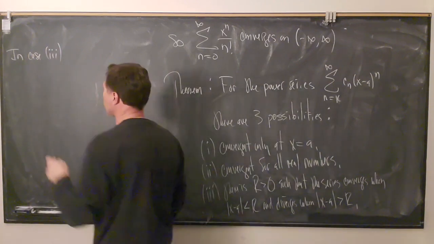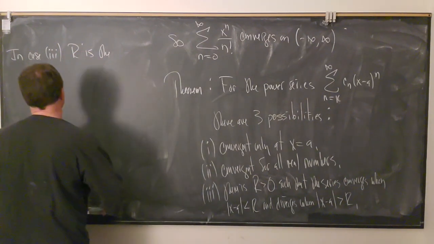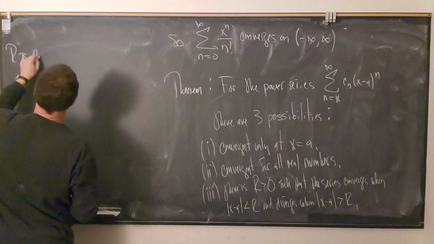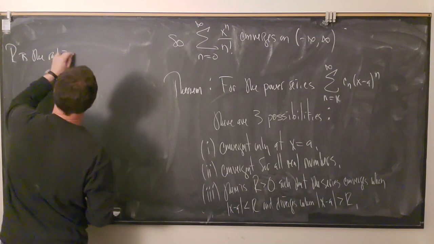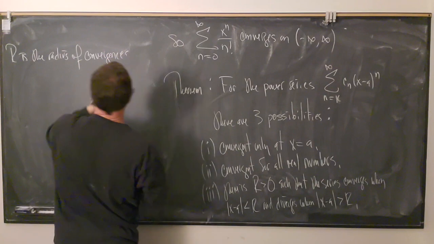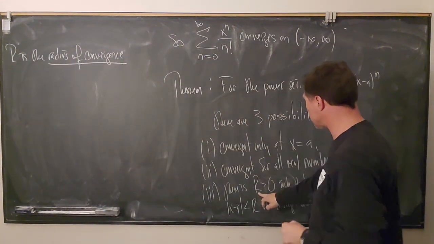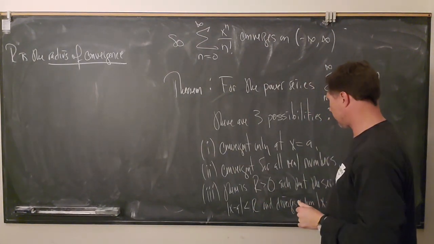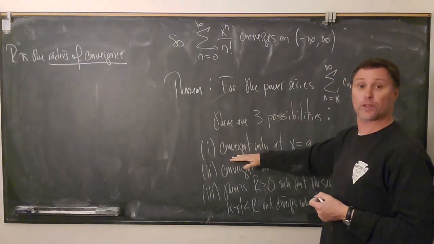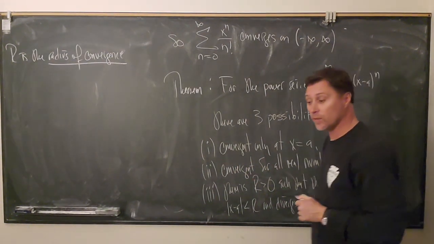R is the radius of convergence. So when 3 happens, we say this number r is the radius of convergence of the power series. And in these other two cases, when case 1 happens, we say that the radius of convergence is 0. And in case 2, we say that the radius of convergence is infinity.